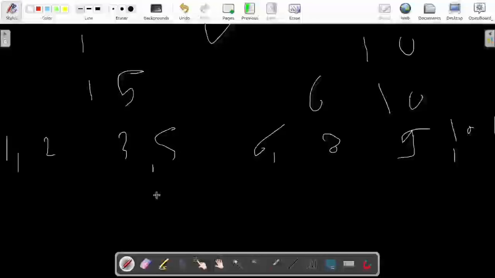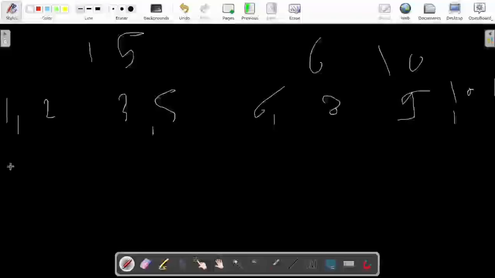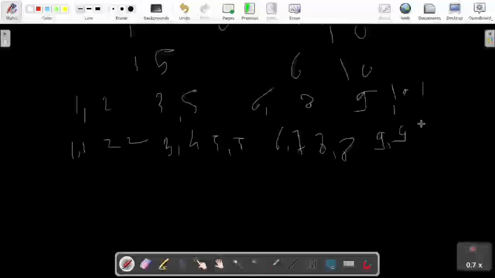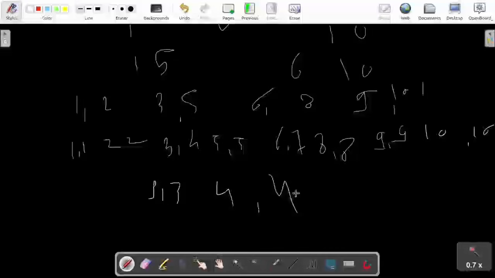Now again divide these ranges from the middle. You will get 1 comma 1, 2 comma 2, 3 comma 4, 5 comma 5, 6 comma 7, 8 comma 8, 9 comma 9, 10 comma 10. And you have to divide the remaining ranges further, like 3 comma 3, 4 comma 4, and similarly for the others.